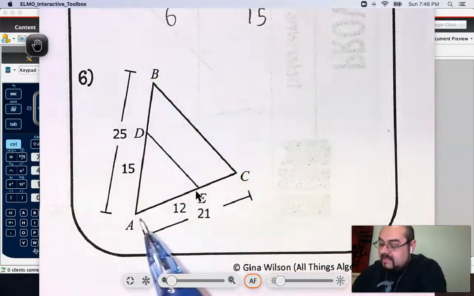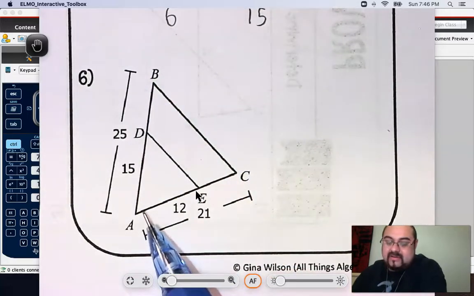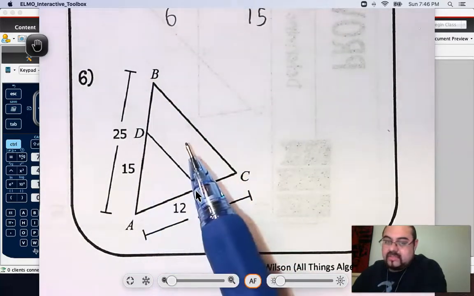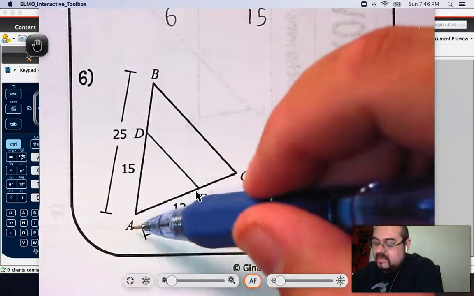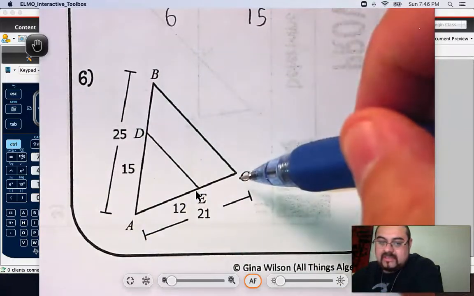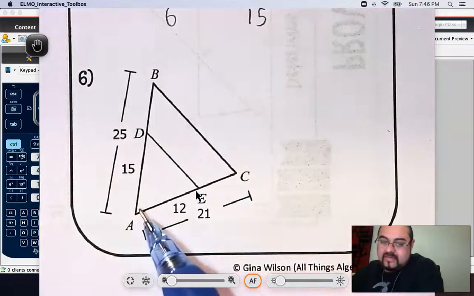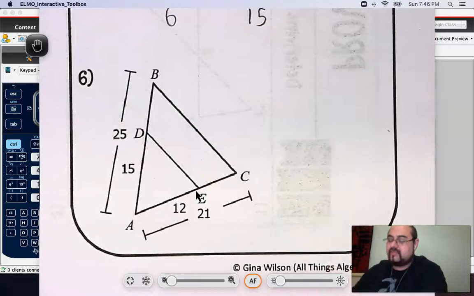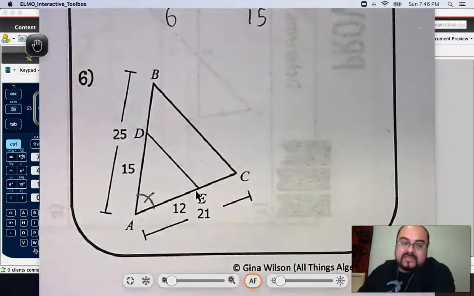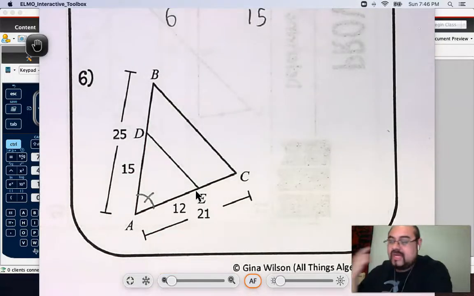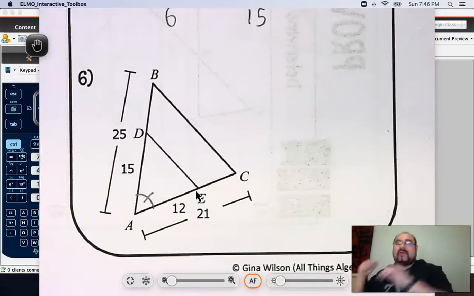In other words, angle A is going to be congruent for both triangles, because the first triangle is triangle ADE and the second triangle is ABC. Okay, they both share angle A. So we can say, all right, for sure, we know that that angle is congruent for both triangles. So we have the A part. Okay, now we have to determine the sides.